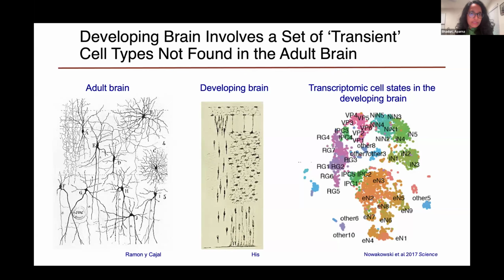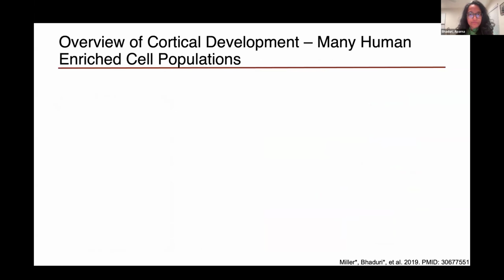One of the most comprehensive first studies to look at this was only 4,000 cells, but gave us really important insights in a work led by Tom Nowakowski in 2017, where profiling about 48 individuals allowed us to explore some of the key trajectories as well as areal distinctions across the developing human brain. And single-cell RNA sequencing since then has only expanded our reach in terms of understanding the cell types and trajectories that give rise to the human brain.